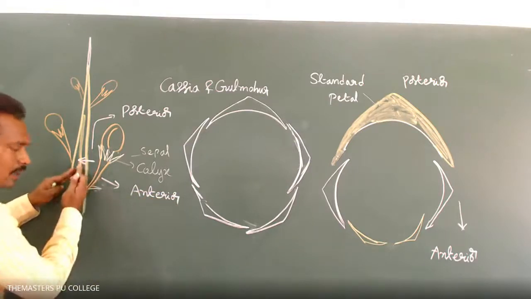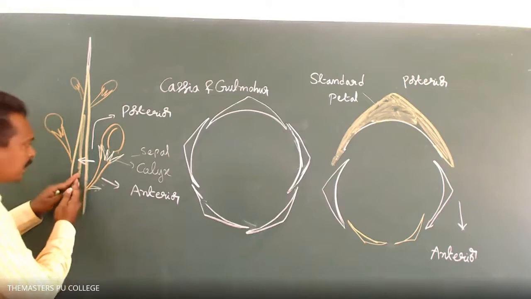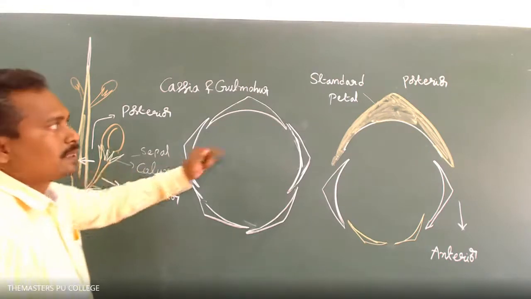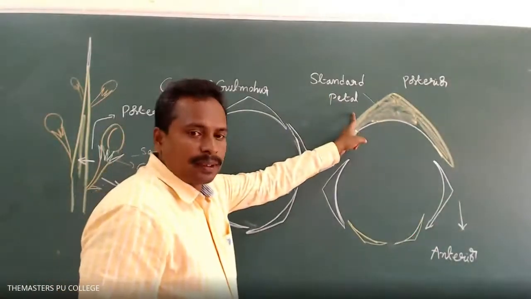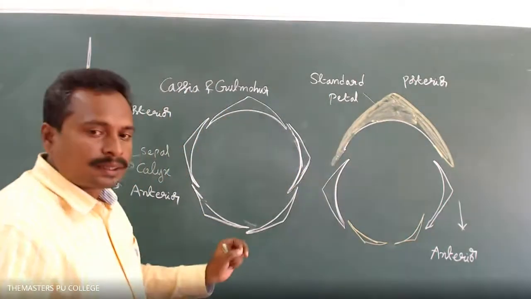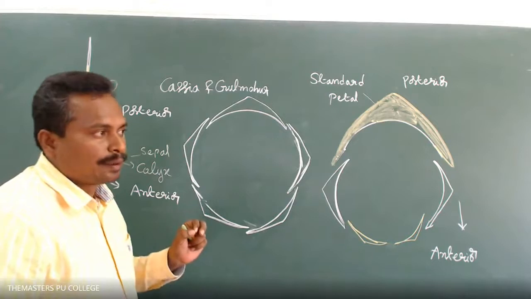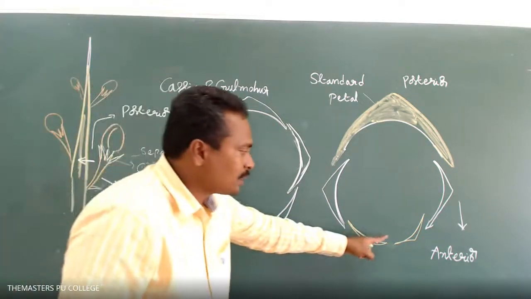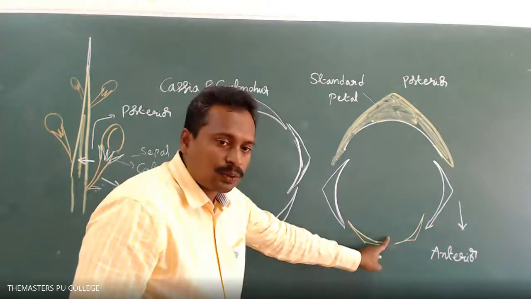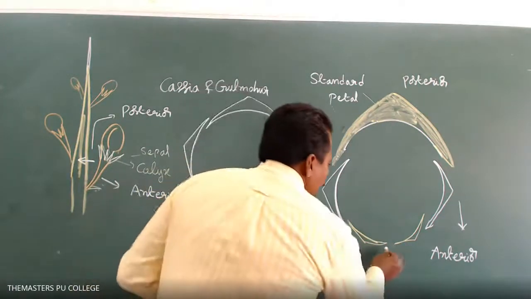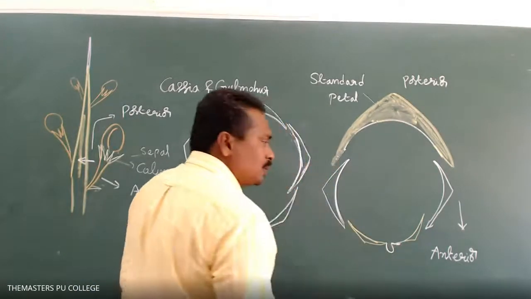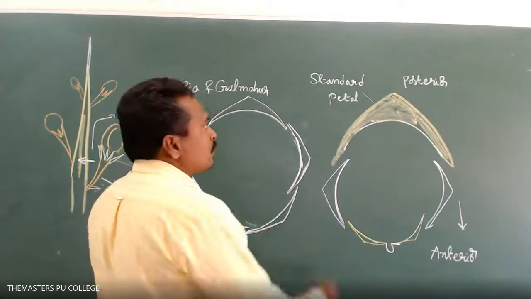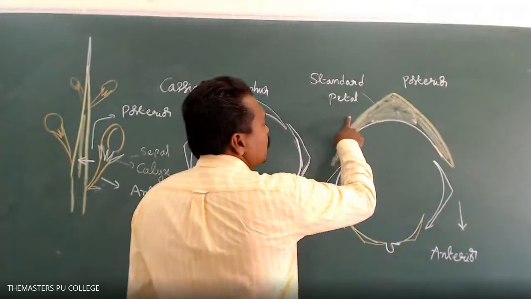Towards the inflorescence axis is the posterior side. Clear where it's located? The standard petal is located towards the posterior side of the flower. The two small petals are located towards the anterior side of the flower. So the standard petal is located towards which side?